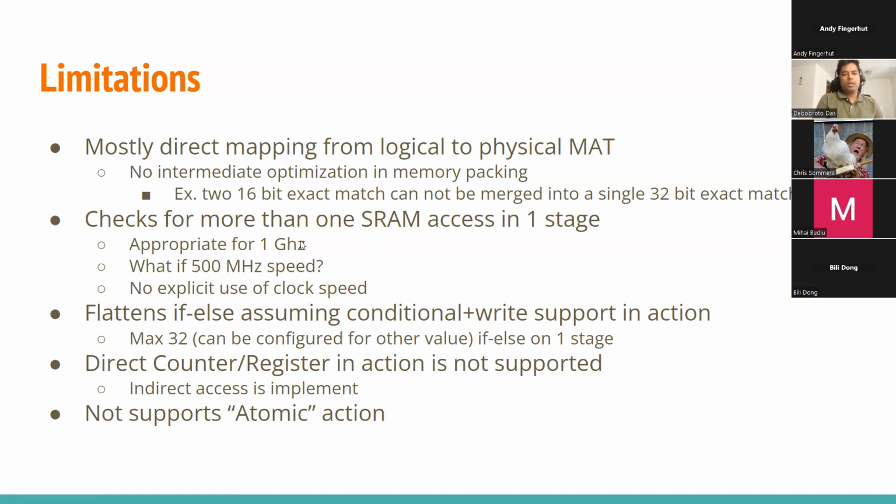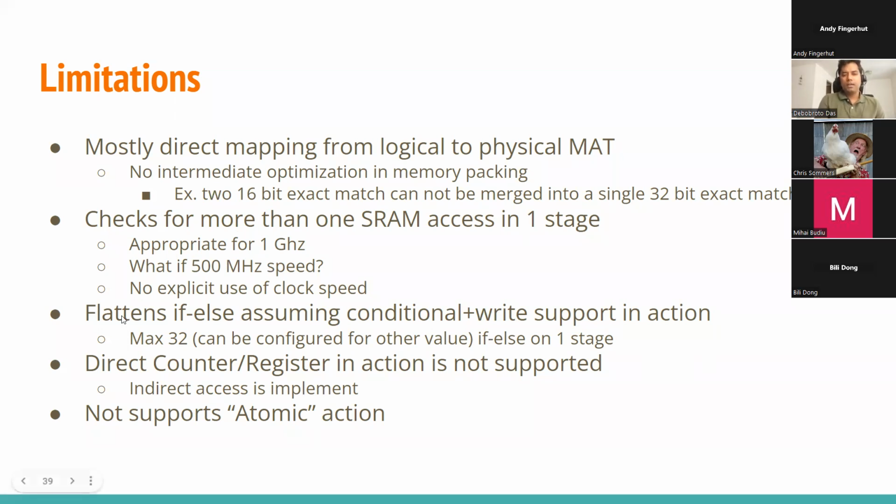But I have not experimented or tried to implement the logic for other clock speeds. Say, for example, if someone says that I have a 500 megahertz pipeline and you can do 2 reads on the same SRAM, I have not checked this kind of thing. It's kind of fixed for that 1 gigahertz.